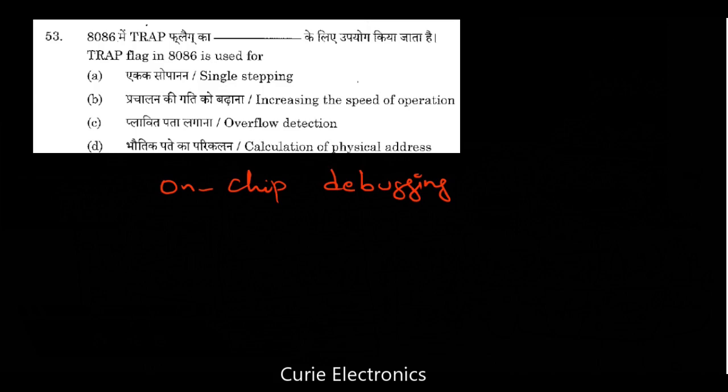To debug the software, it should execute line by line. So it is single stepping, each instruction line by line. This flag is used for on-chip debugging in 8086. It moves line by line, so that is single stepping.